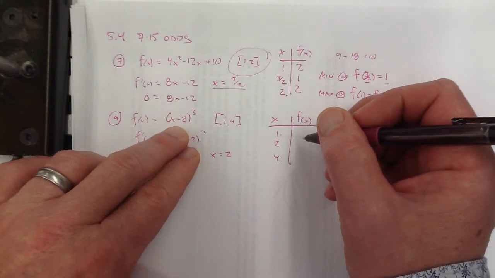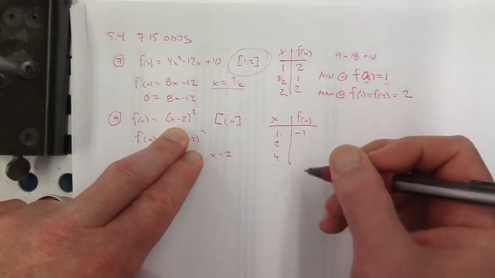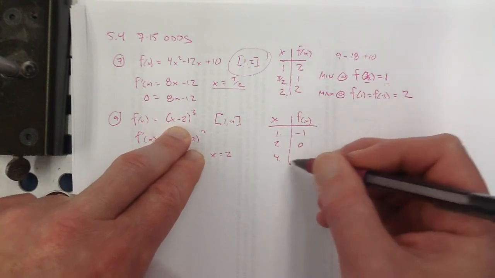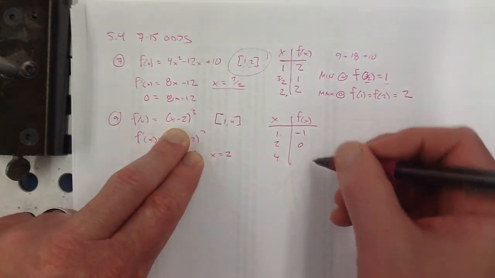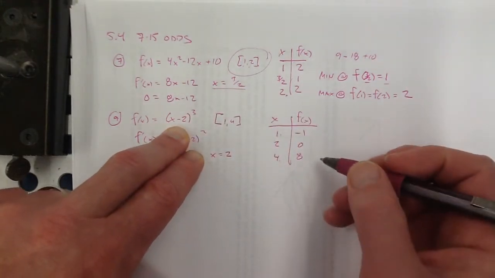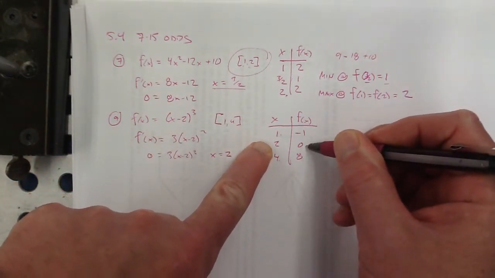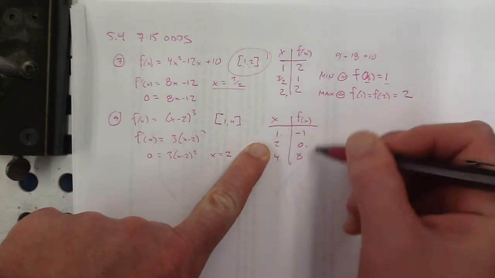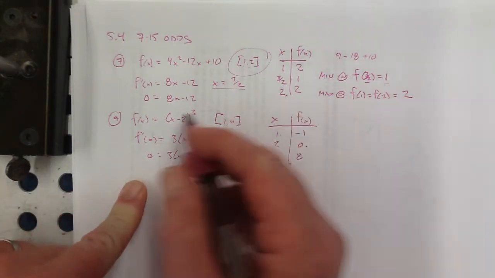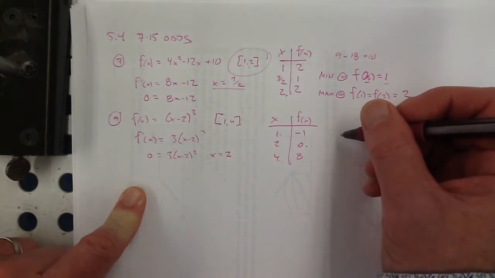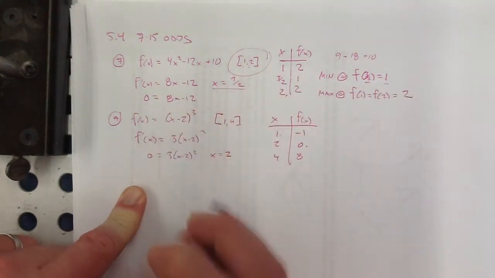So plugging 1 into this, -1 cubed is -1. Plugging 2 into this, it's 0. And then plugging 4 into this, I get 8. So it turned out this is neither a maximum nor a minimum of the absolute variety. In fact, if you think about what this looks like, this is the cubic function shifted over 2.